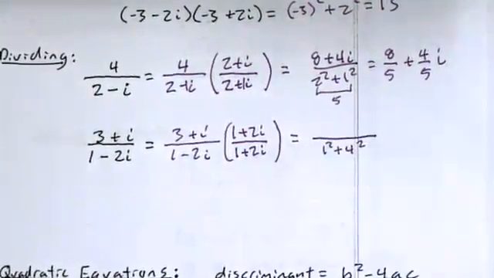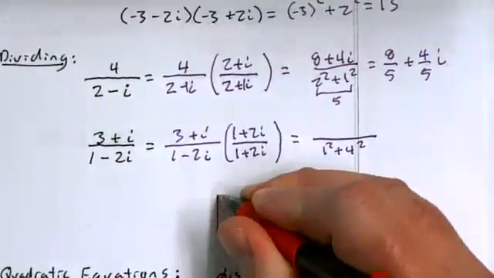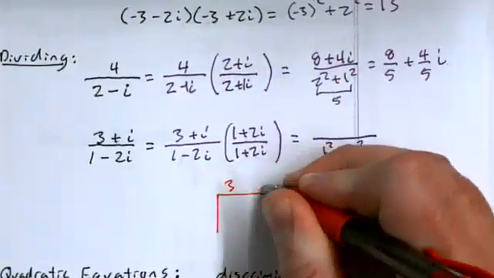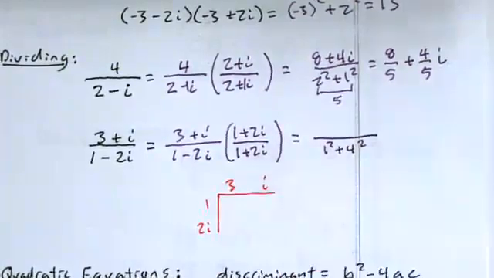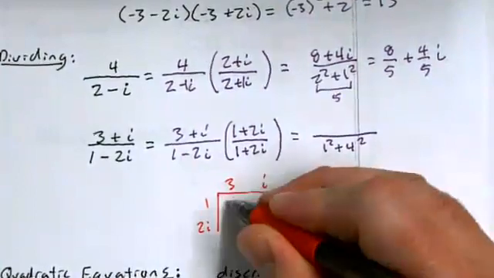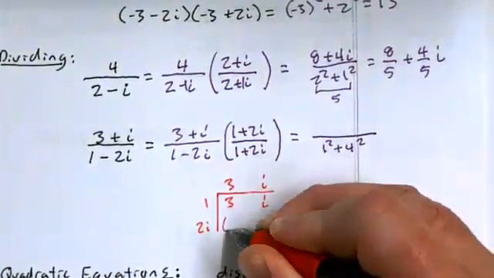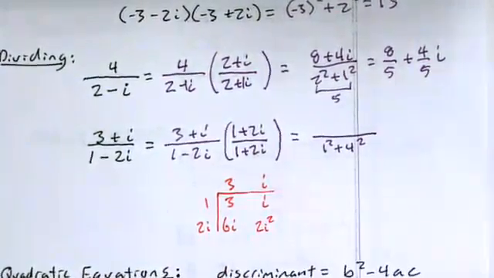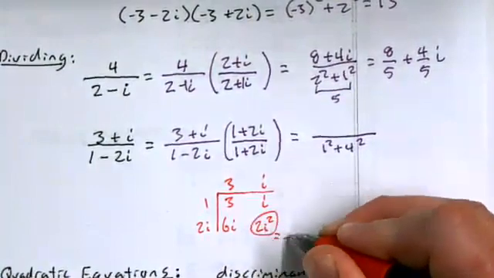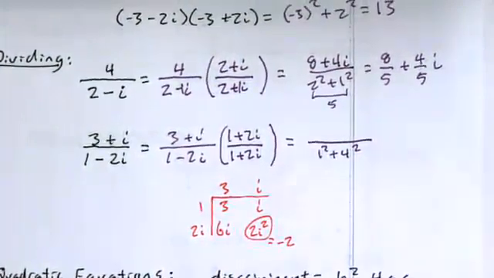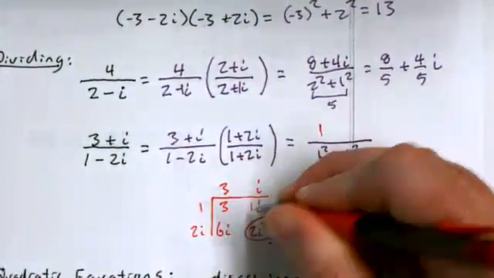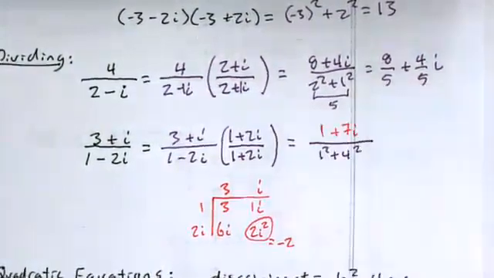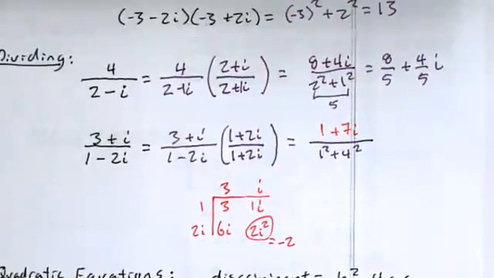Ooh, we're gonna have to do a little bit of FOIL action here. Squared, which is really just -2. I made a mistake here, didn't I?